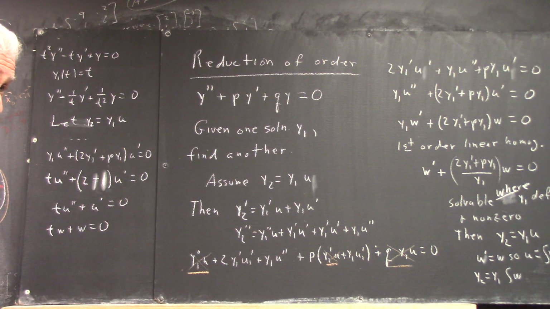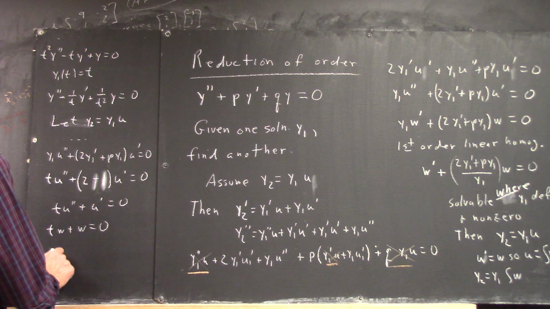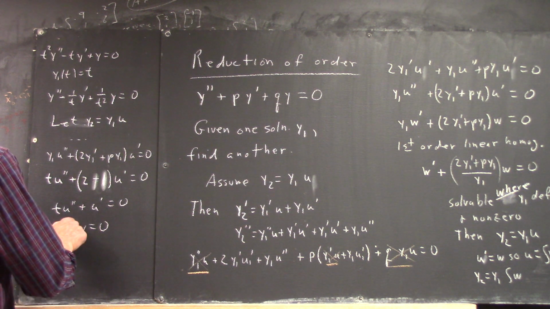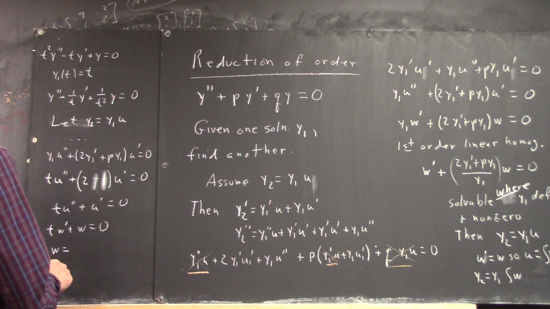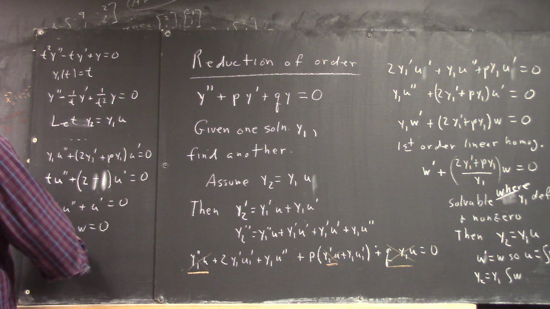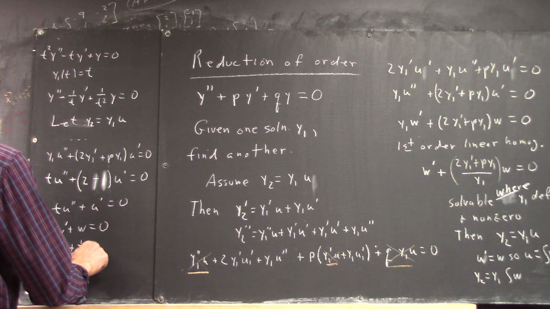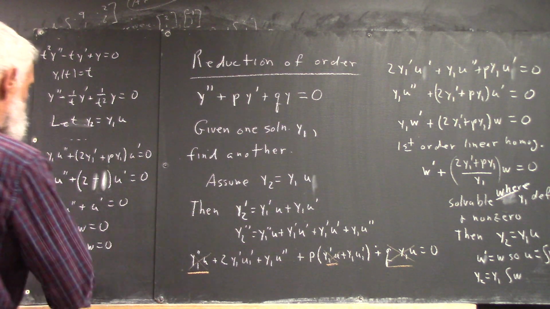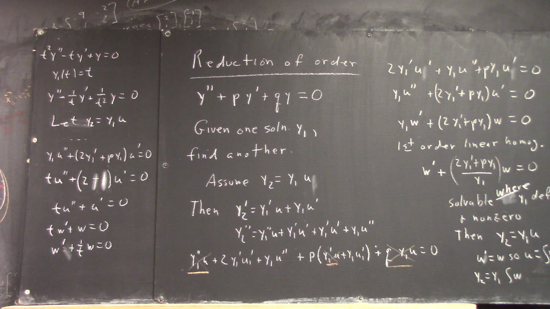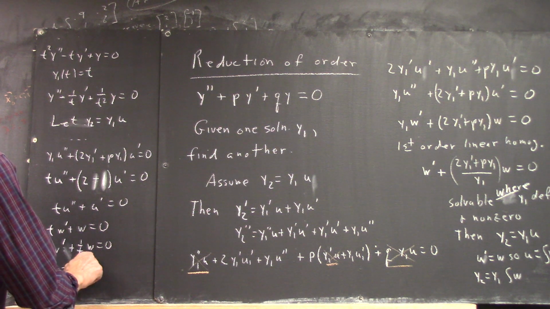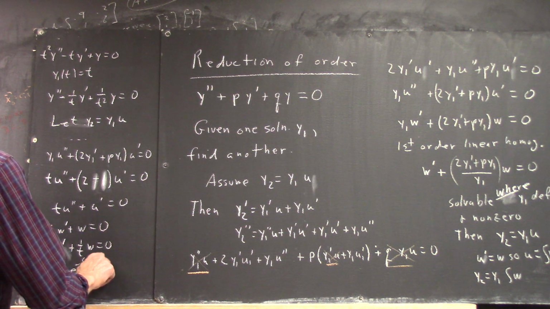So the w, and that's w prime. I guess, just for completeness, I'll write this as w prime equals negative 1 over t w. Okay, write this way, so that we can see that w is e to the negative integral of 1 over t dt.